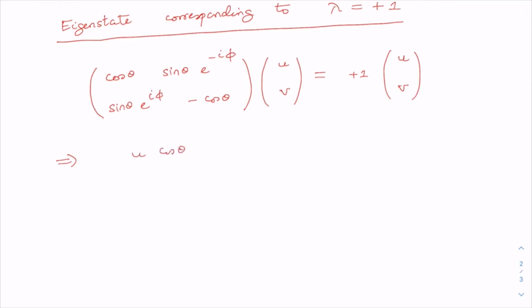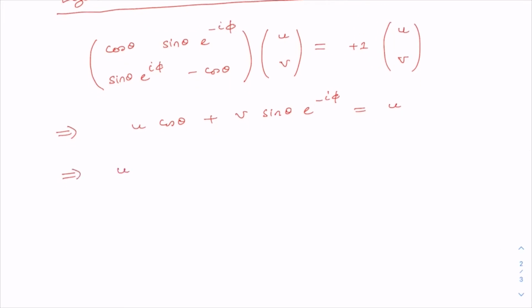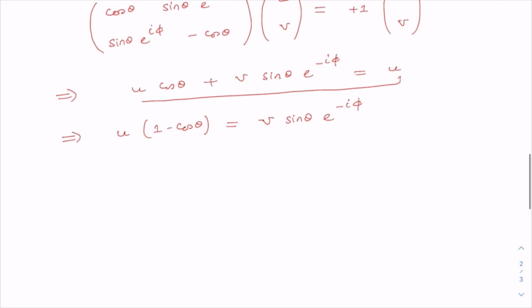I have u cos theta plus v sin theta e to the power minus i phi, and this is equal to u, which I can write again as u(1 minus cos theta), taking it to this side, and I have here v sin theta e to the power minus i phi.